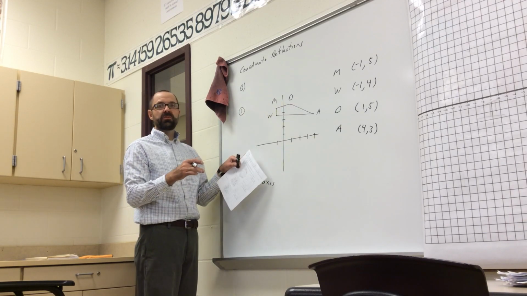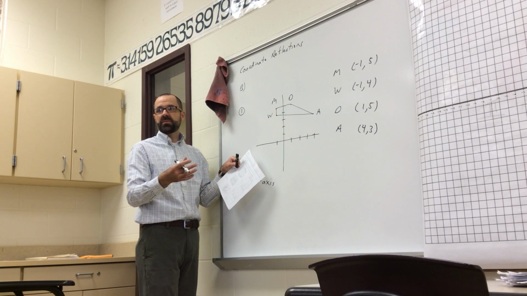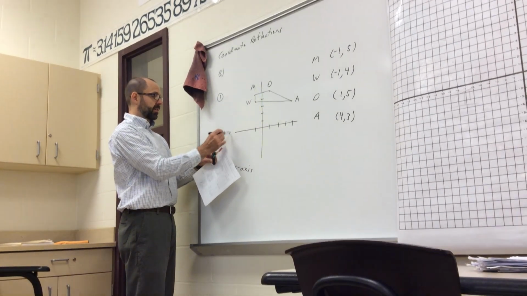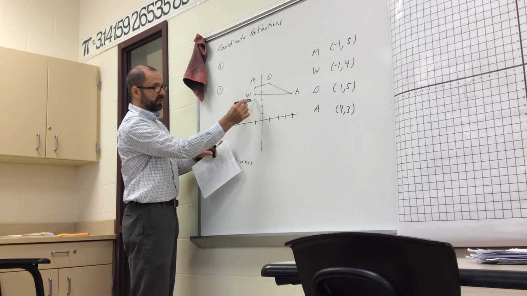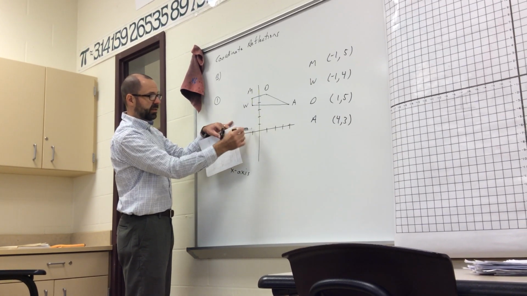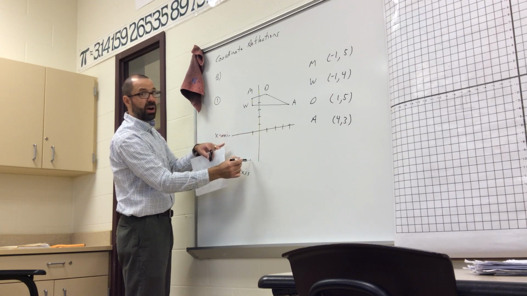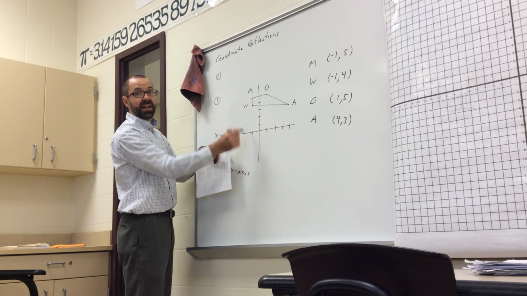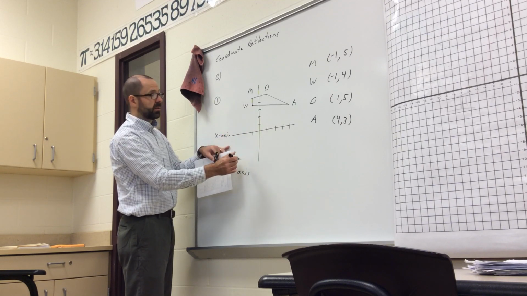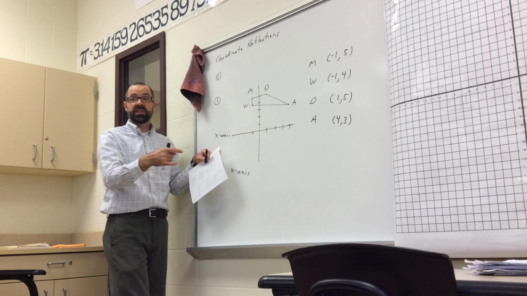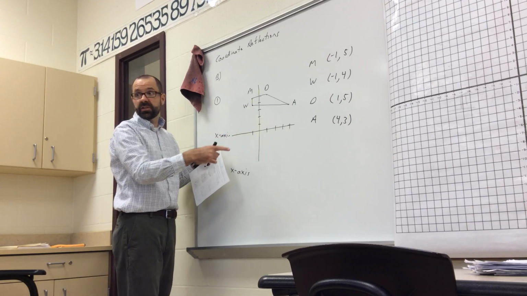Okay, so when you reflect, the line of reflection is in the middle, right? So since this W is 4 away from the x-axis, that means the W prime needs to be down here 4 away from the x-axis. Because the line of reflection is supposed to be in the middle. Do you remember yesterday we did midpoints for the line of reflection?